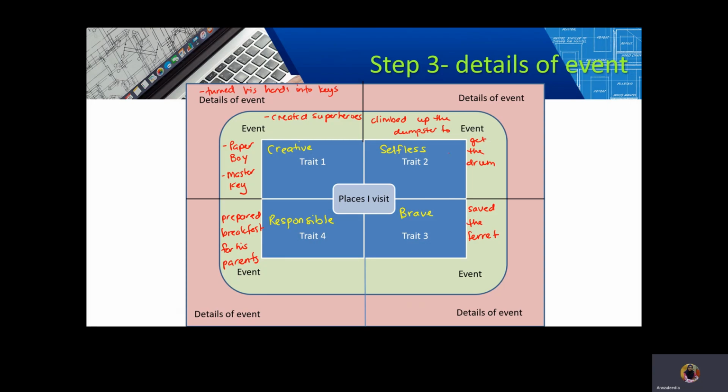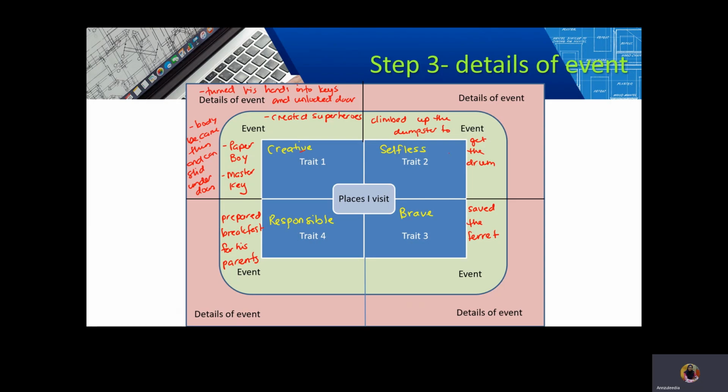Okay. All right. And then Paperboy, his body became thin and can slide under doors, for example. Okay. All right. Just now, Master Key turned his hands into keys and can unlock doors, for example. Okay. Right. I will only do this one. The rest you can fill in, I suppose.